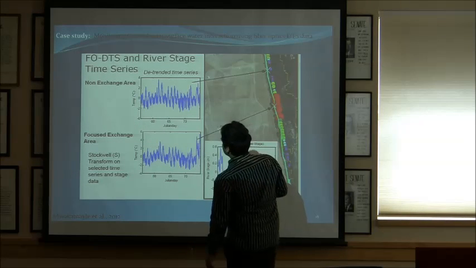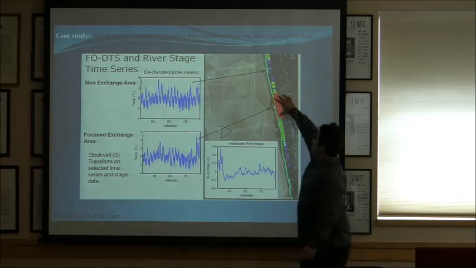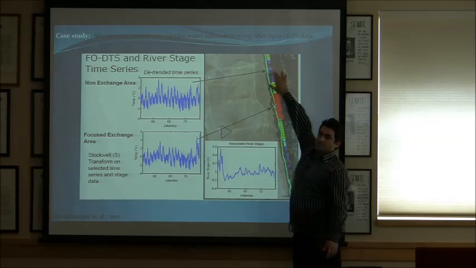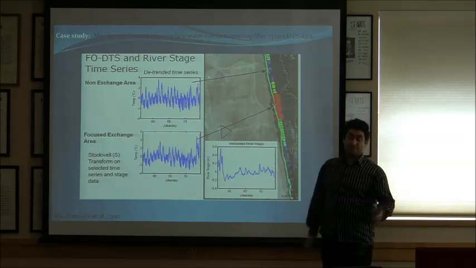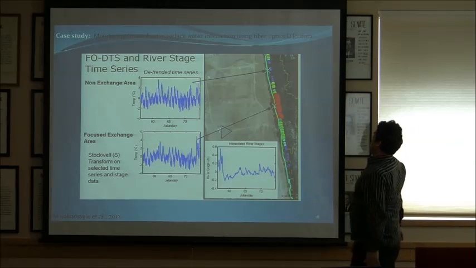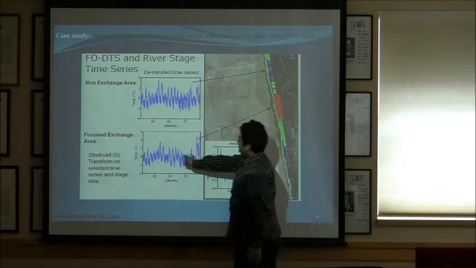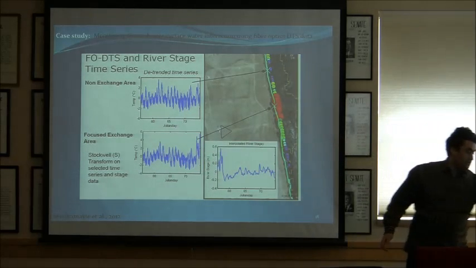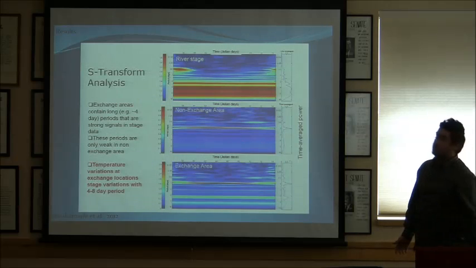Here's the valley channel area, and here's outside the valley channel. You can consider this as testing, as confirming that there is a valley channel here. So this is a time series, inside the valley channel and outside the valley channel. We did the same thing as before.